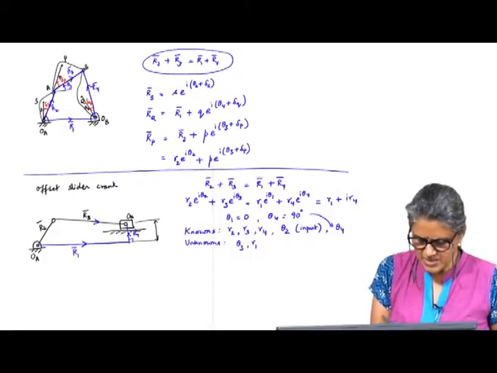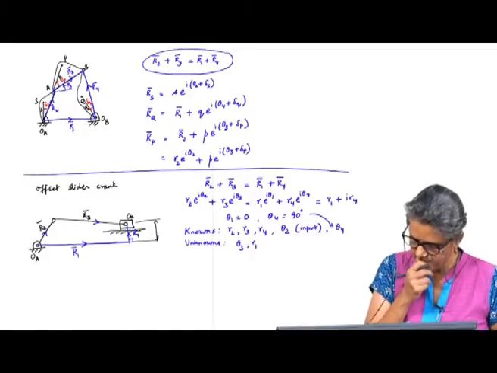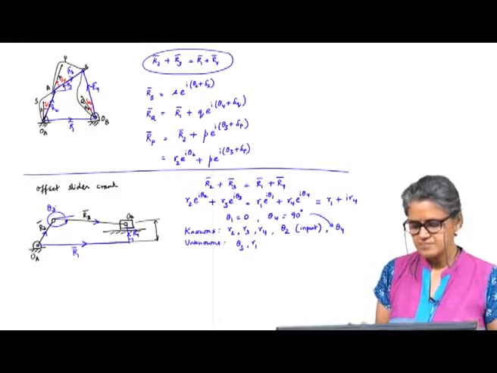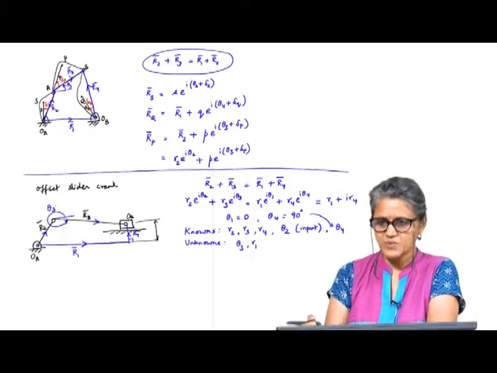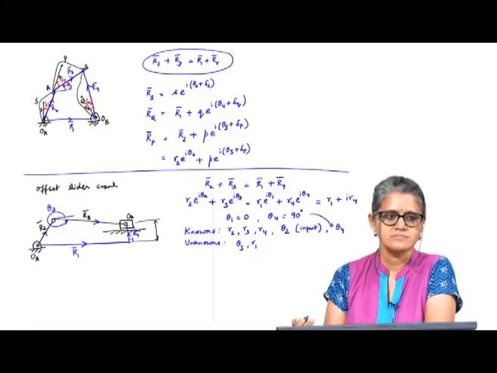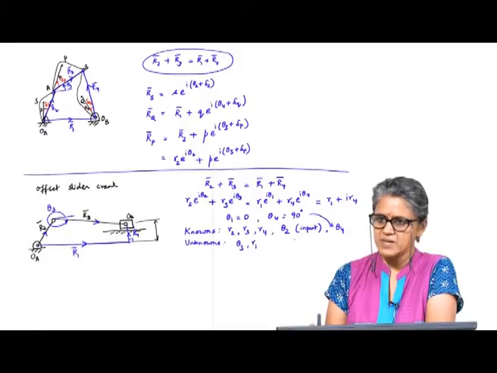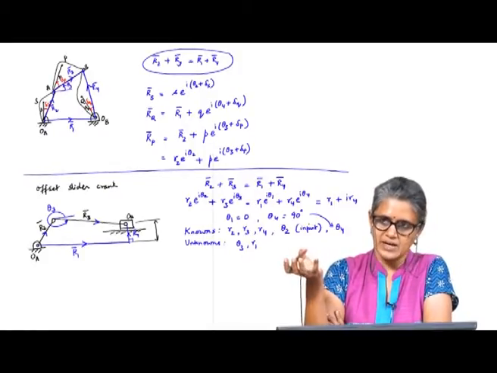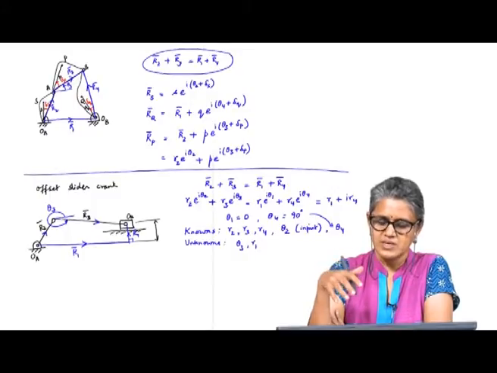If I take my vectors like this, this is the angle theta 3. So, again, I am not going to do it, you would separate it into the real and imaginary parts and you can solve for theta 3 and R1.